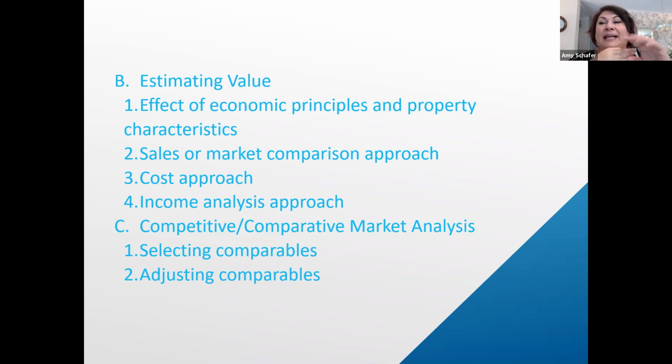The third type is external. And this is going to be something outside of the property that affects its value. Maybe an intersection that's really hard to get in and out of.